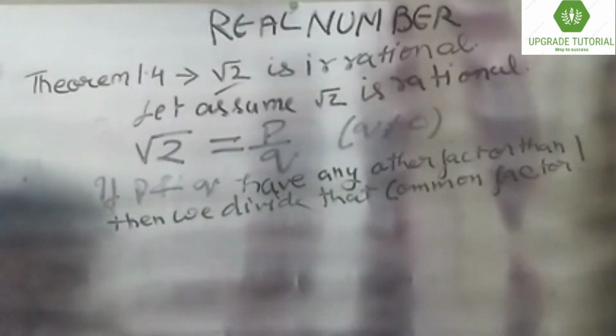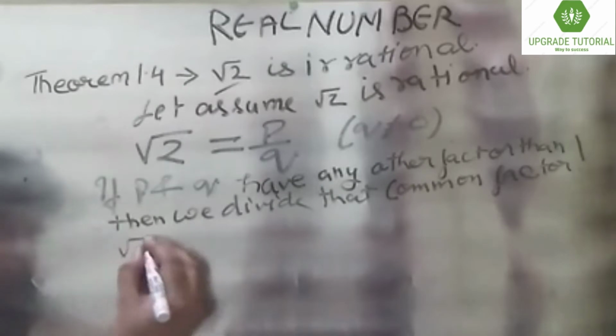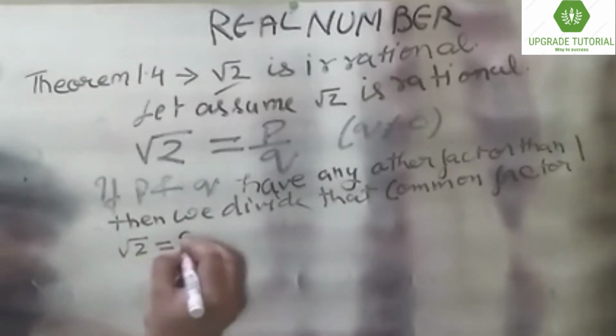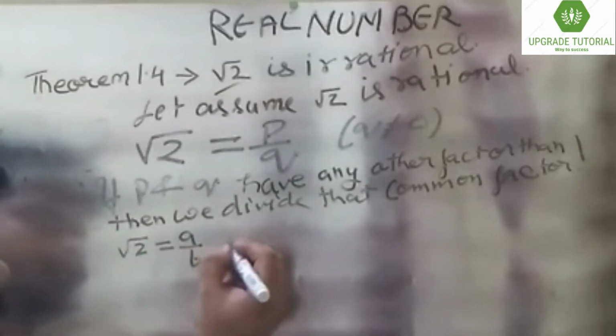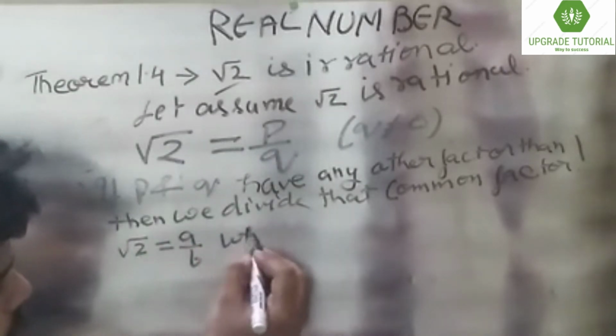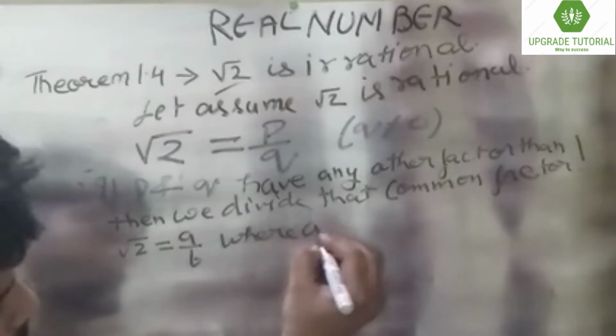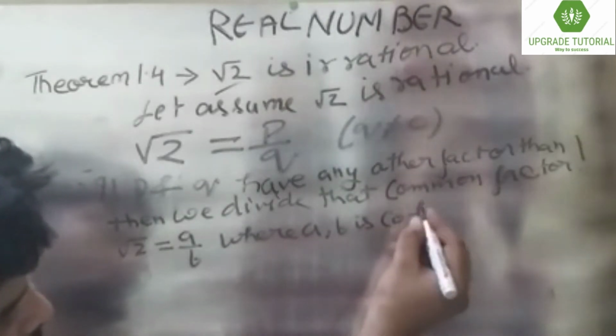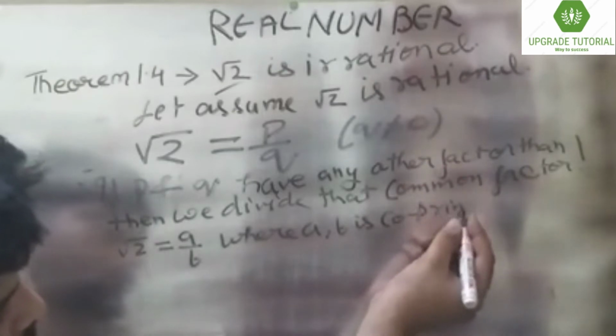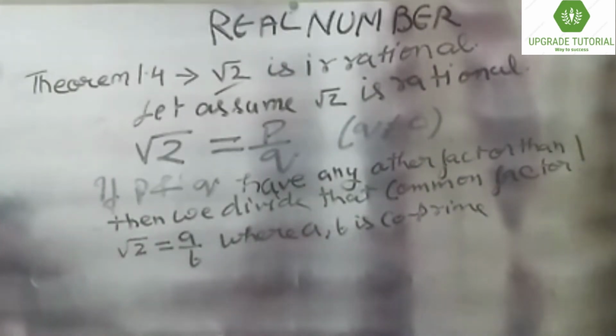Then after dividing we get root 2 is equal to a upon b, where a and b are co-prime. Co-prime means they have only one common factor, that is 1. Other than 1 there is no common factor.